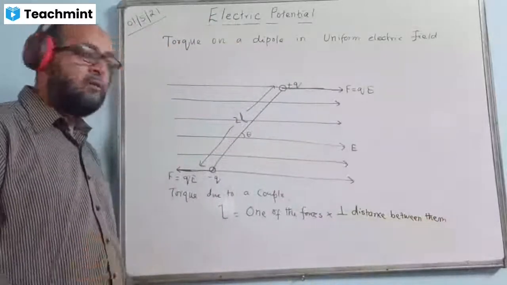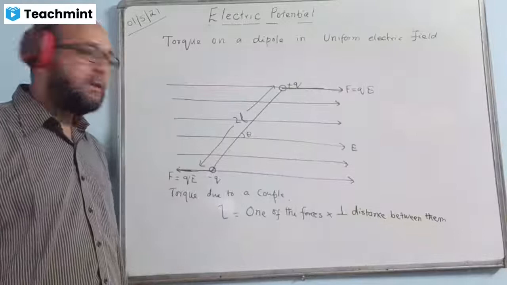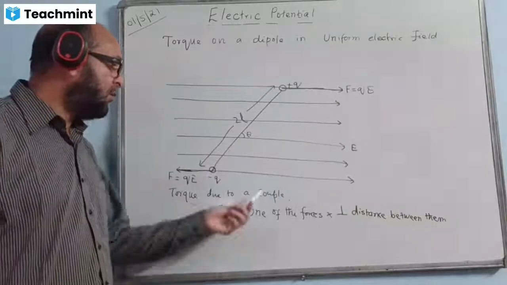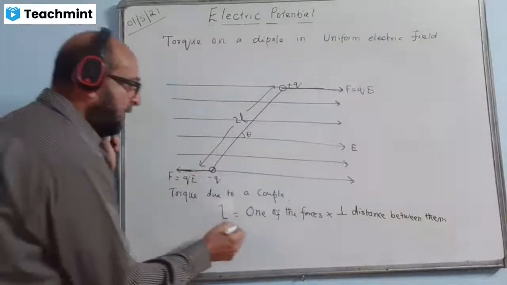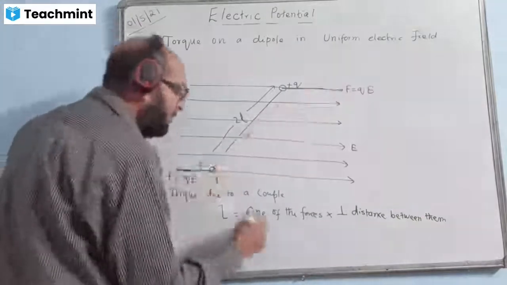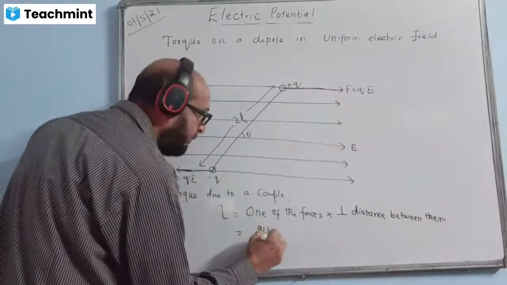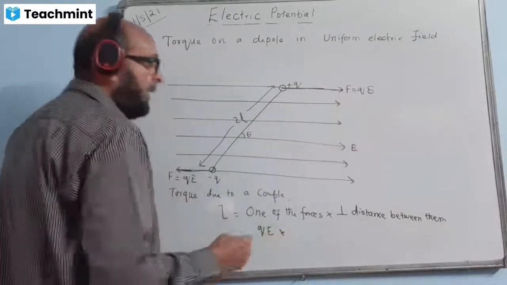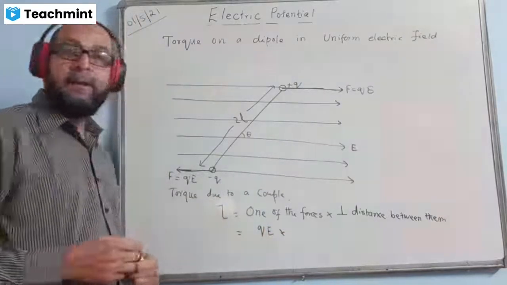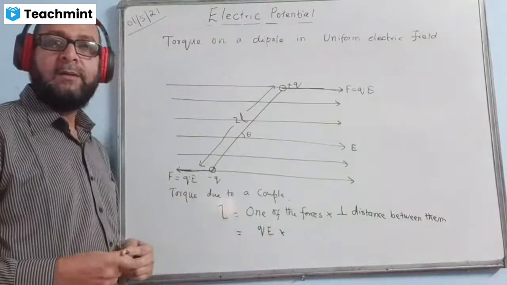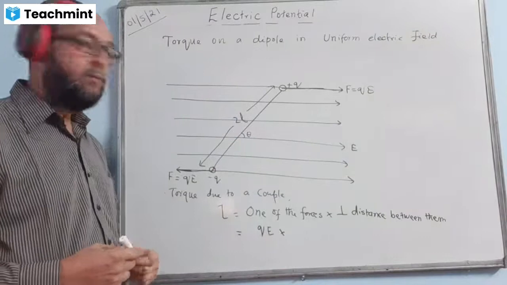One of the forces into the perpendicular distance between them. This is the formula of torque due to a couple. We'll take any one of the forces, that is QE. And now we are supposed to take the perpendicular distance between the forces. What is the perpendicular distance between the forces? We'll check.